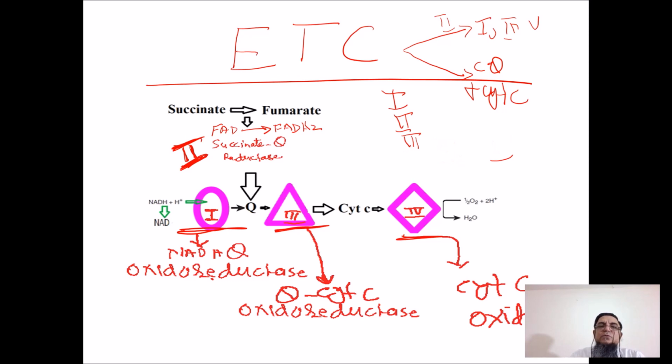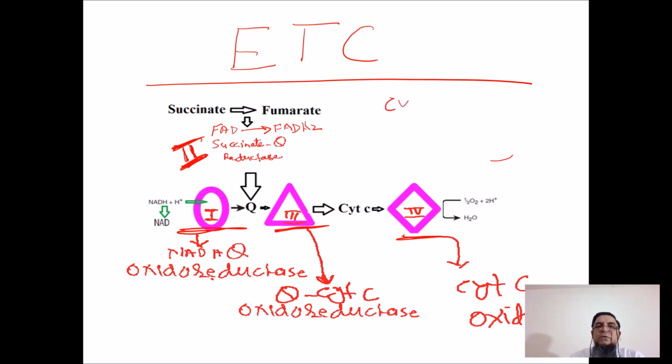The electron transport chain is comprised of two components. One is the cytochromes: cytochrome C, cytochrome C1, cytochrome B, and cytochrome AA3.